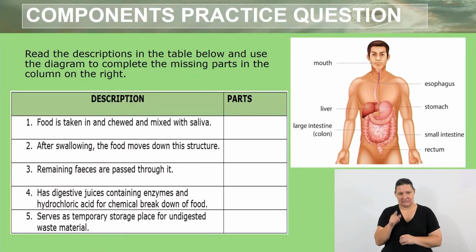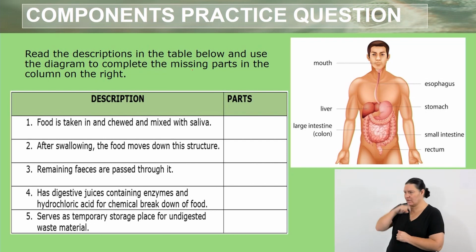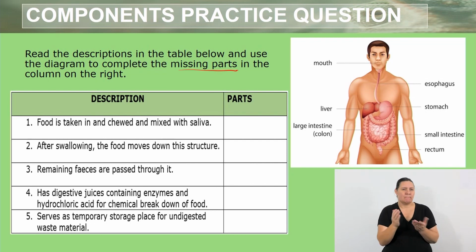So here we are supposed to read the descriptions in the table below and use the diagram to complete the missing parts in the column on the right. So basically we are also reading descriptions this side. However, these descriptions are telling us parts that we need to complete this side. So let us jump right into it.